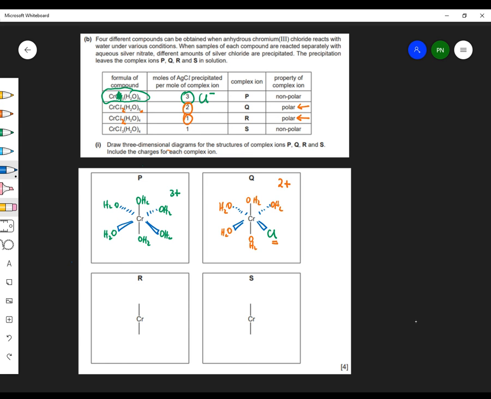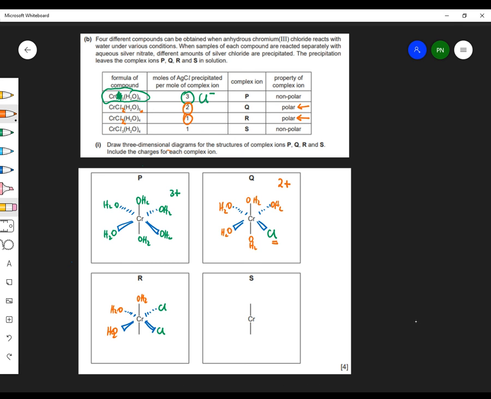So let me draw my structure. There, and there. Oh, that's not great. That goes back into the distance. Now it's polar, so that means the chlorines cannot cancel each other out. So let's put them on the plane, one there and one there. Now the charge on this thing. Let's have a nice color. Let's put my waters in first. There's one water. There's another water.